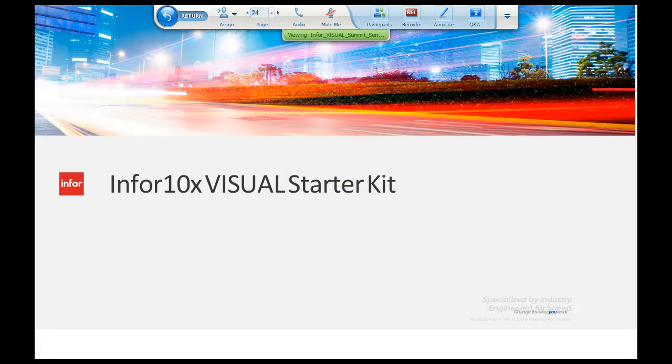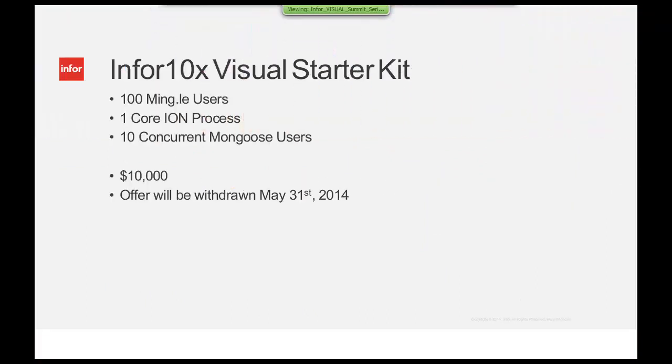Let's just move into the starter kit. Chuck, you wanted to mention a little bit about that? Yeah, and this, again, is offered out to the Visual customer base. This is our starter kit. What you saw today as far as the ability to create those alerts and those workflows and so on, that's done through what we call our ION process cores. With the Visual Starter Kit, we're offering 100 Mingle users, so people who can interact with those types of alerts and tasks.